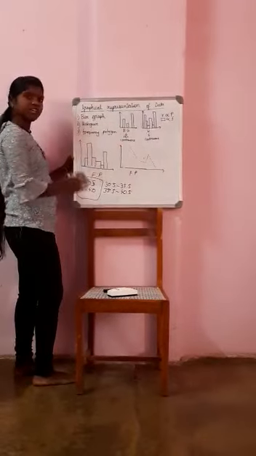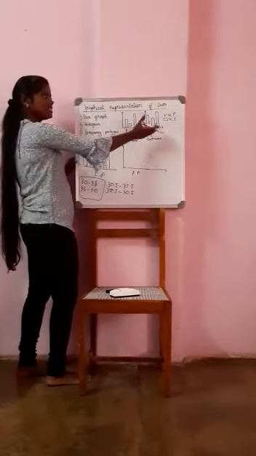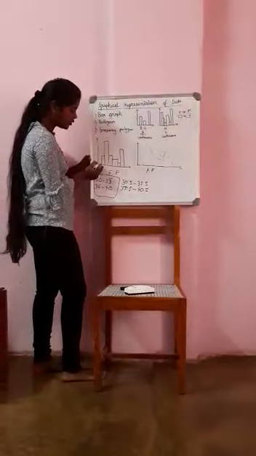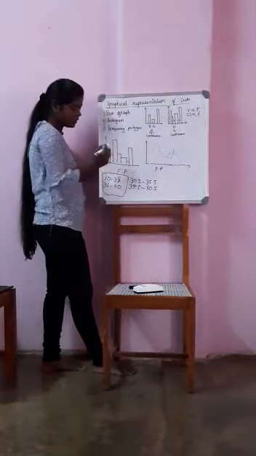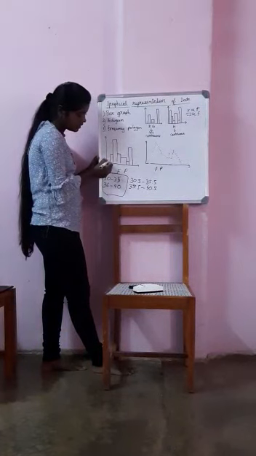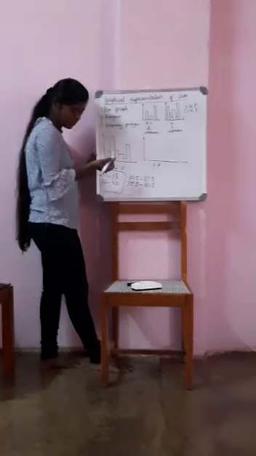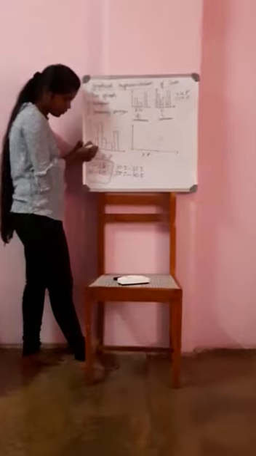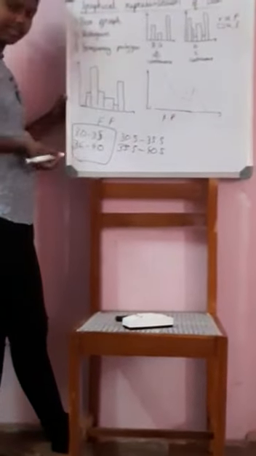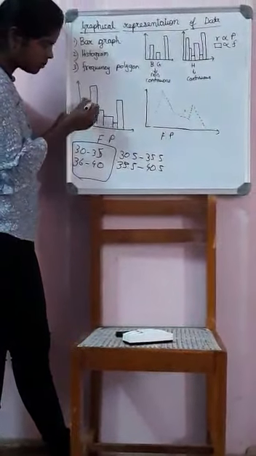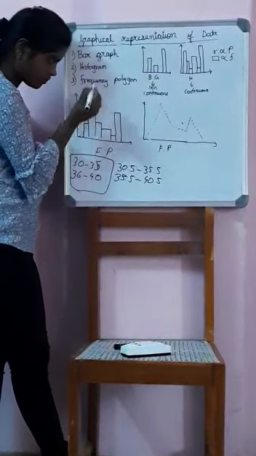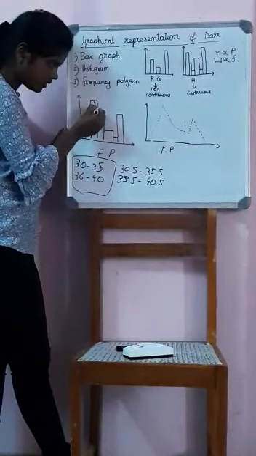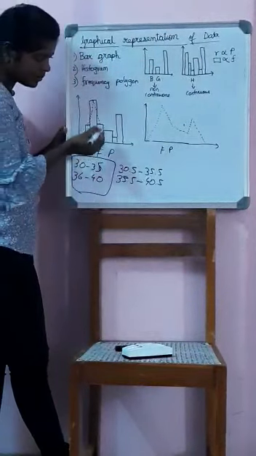Next is the frequency polygon. This is the same histogram where I am going to consider only the midpoint of the rectangle. So from here I consider the midpoint of this rectangle, then again the midpoint of the next rectangle.